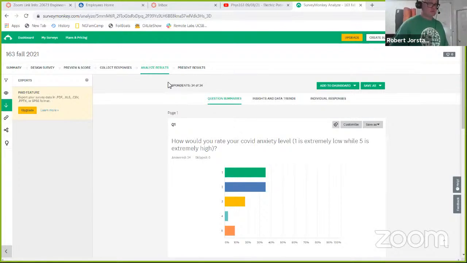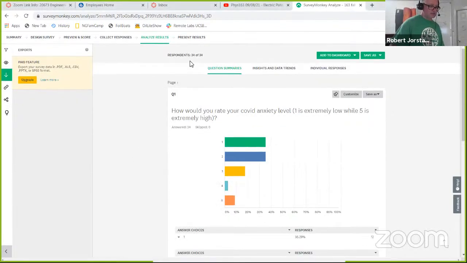Hopefully you're looking at the screen. So this is what I've gotten so far, and as you can see here, this is 34. So this is not the entire class, it is a little over half, about 2/3 of the class responding.